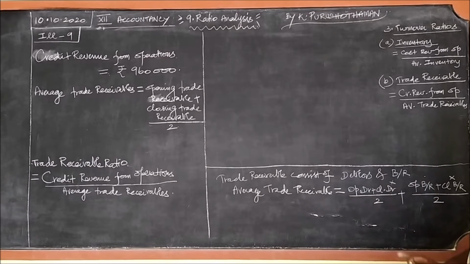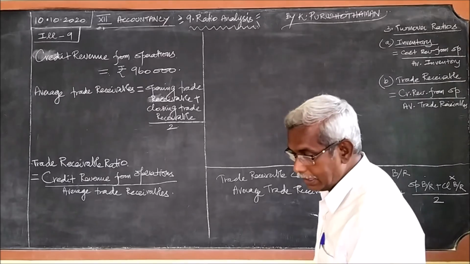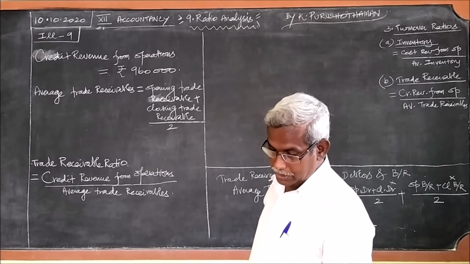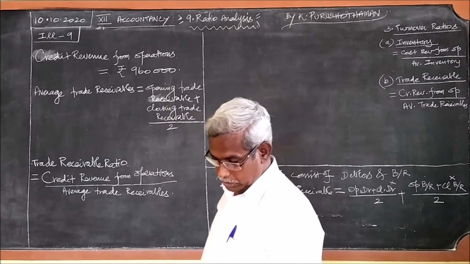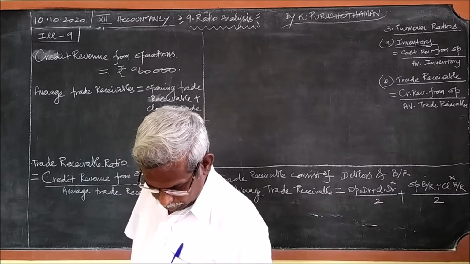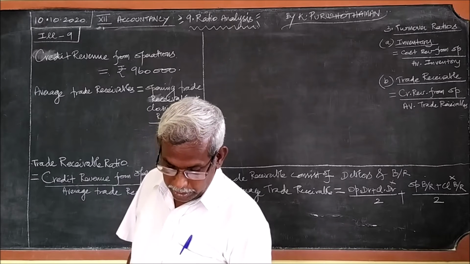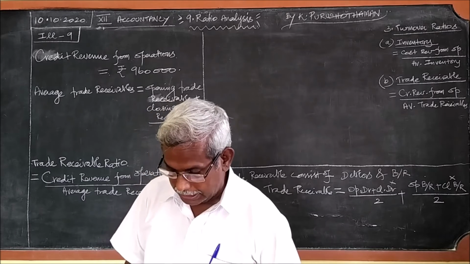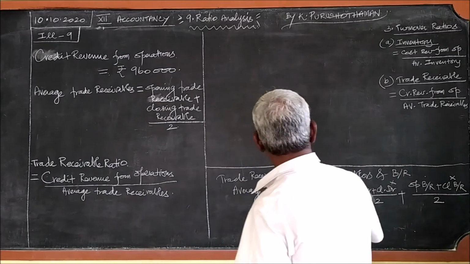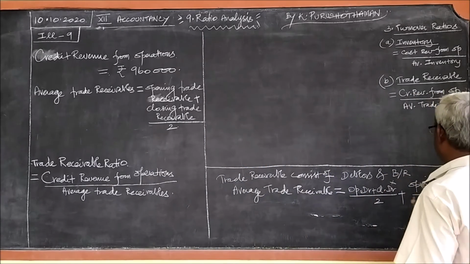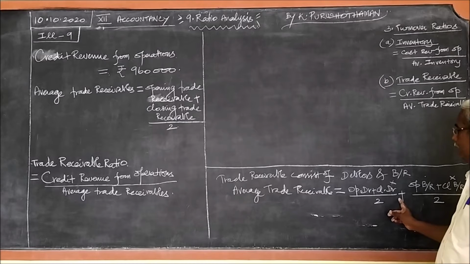No. That is why in the illustration also, the answer is not divided by 2. The reason is this. Only if opening debtor and closing debtor are given, you can add and divide by 2. But only the closing debtor, that is debtor at the end, is given.